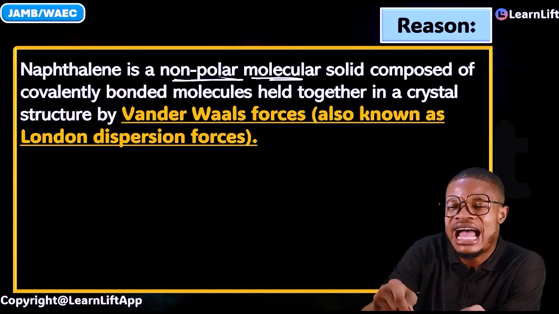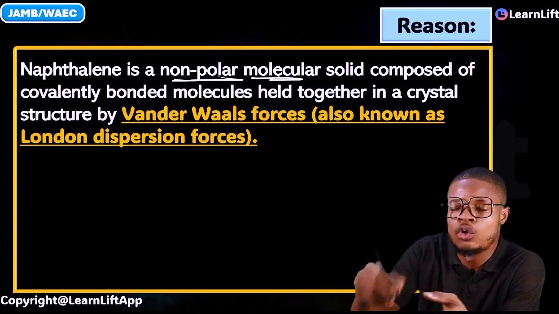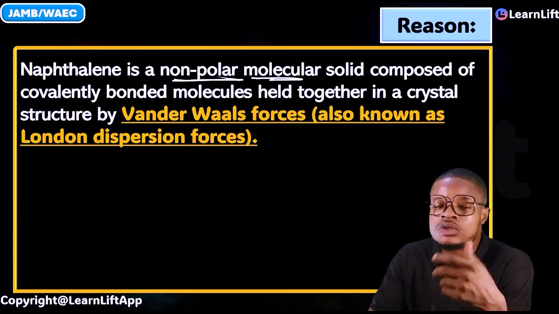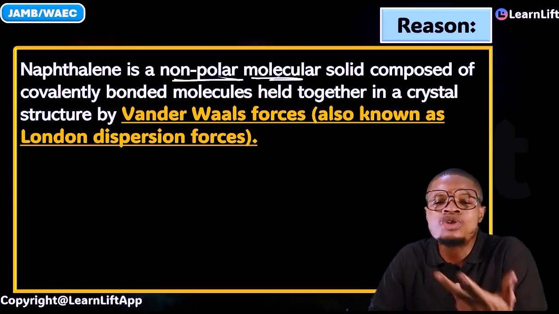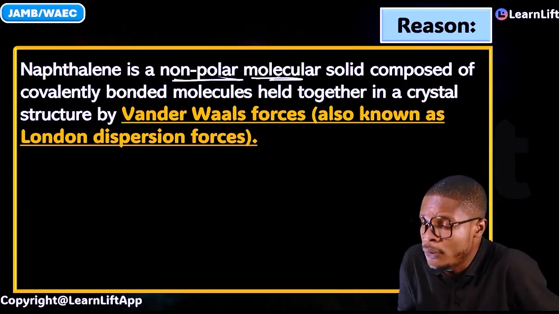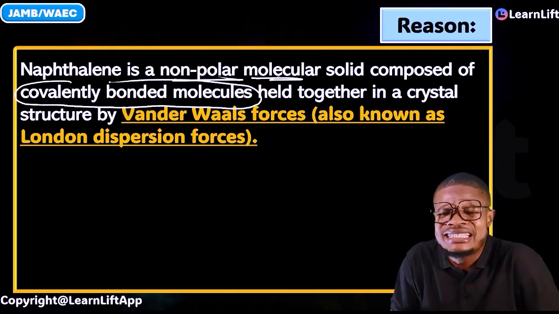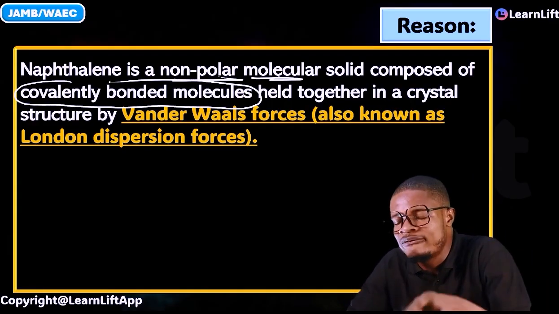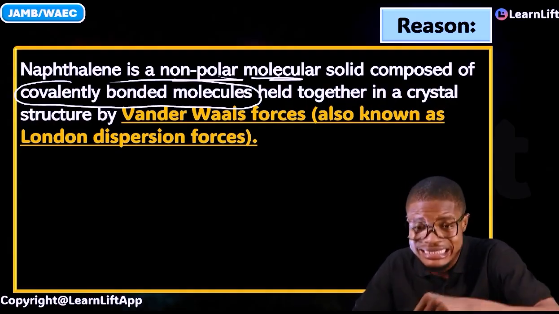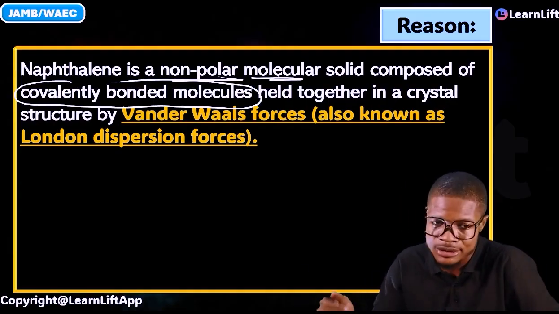Ionic compounds are polar, right? So covalent compounds are majorly non-polar. So naphthalene is a non-polar molecular solid that is composed of covalently bonded molecules. So it can still have weak Van der Waals forces and still have covalent bonds. Are you getting it now?